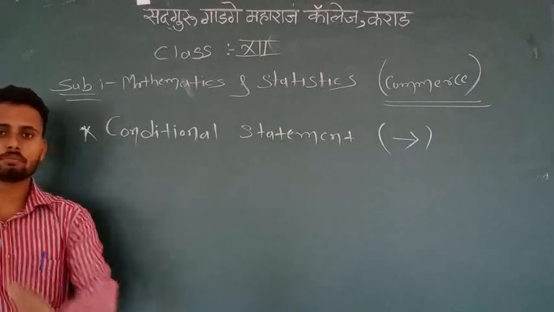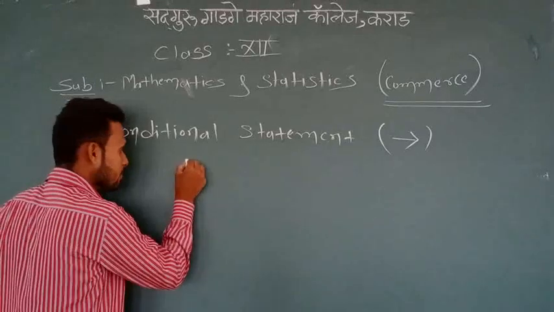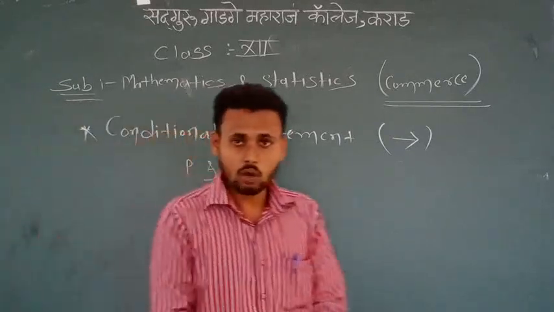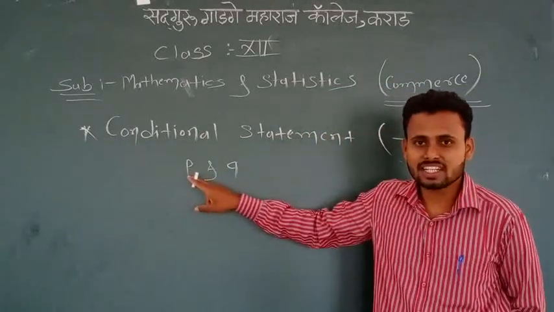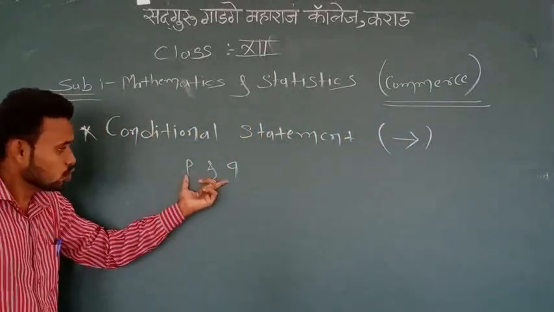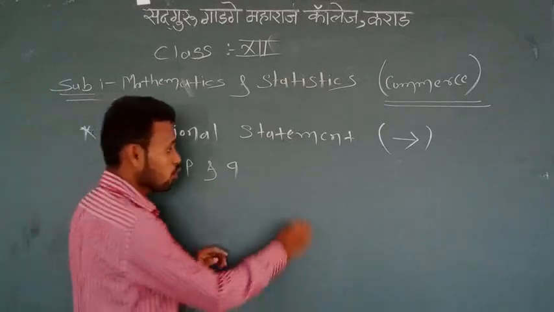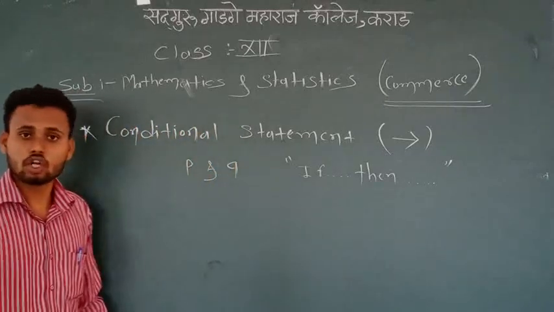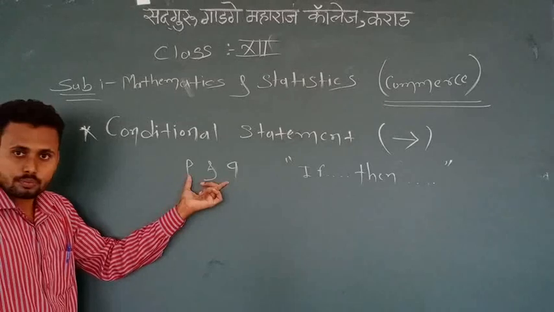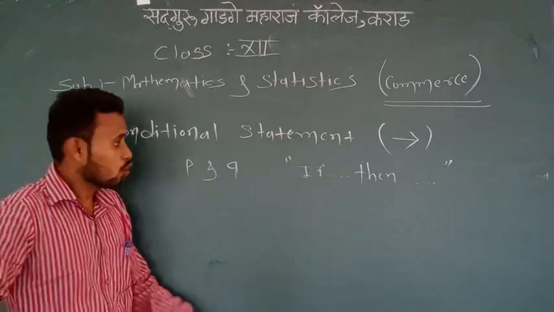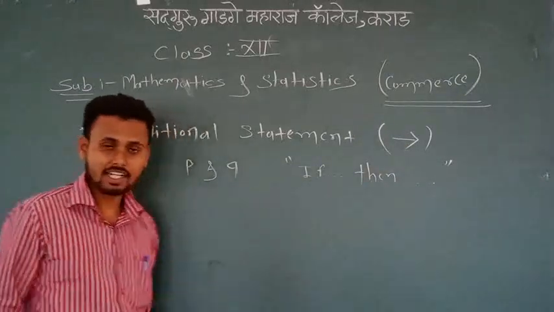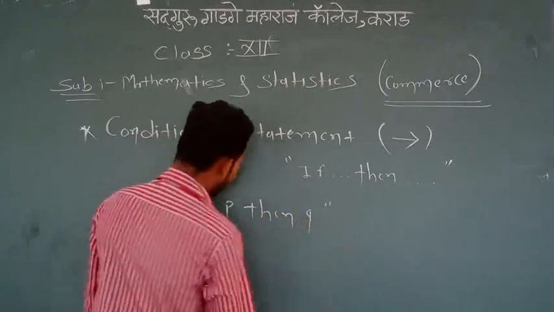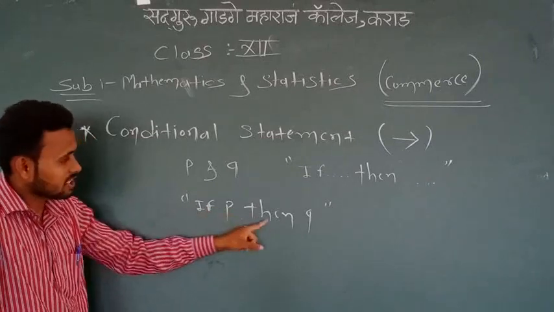Suppose we have any two simple statements P and Q. If we connect these two simple statements P and Q by the group of words if dot dot then, the resulting compound statement is if P then Q.